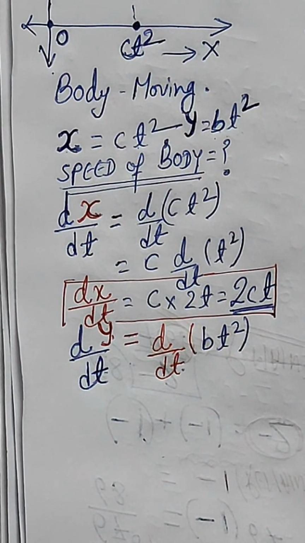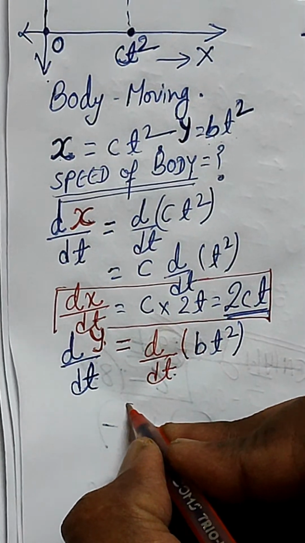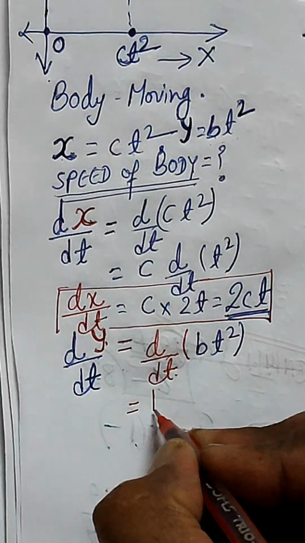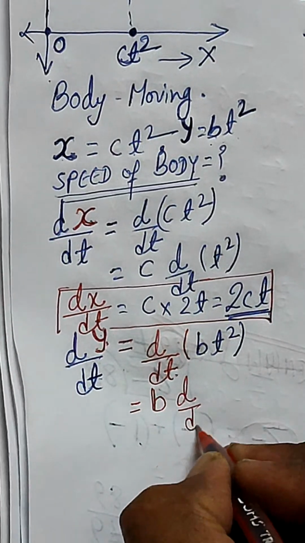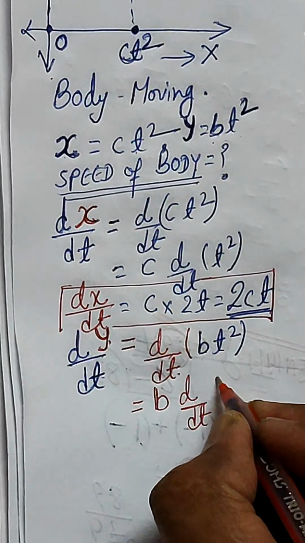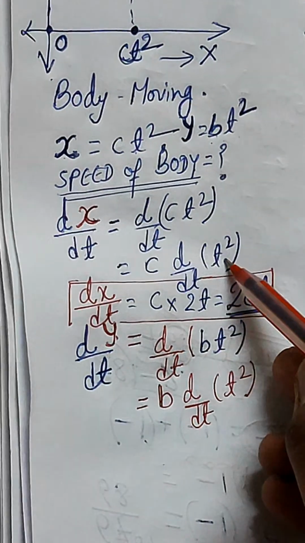As we did, b as a constant will be coming out, and then we are left with d by dt of t², as we did above.